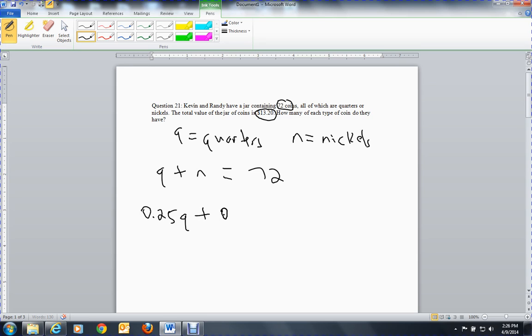Now, a nickel is worth 5 cents, and so for each nickel we'll use 0.05N. And the grand total of the amount of money from both coins is $13.20. And so we have our two equations that you can solve using different methods.